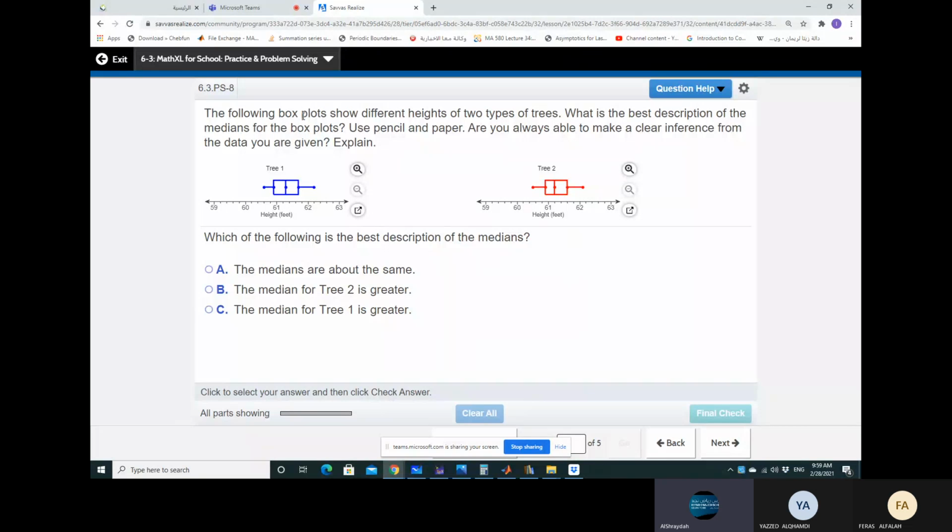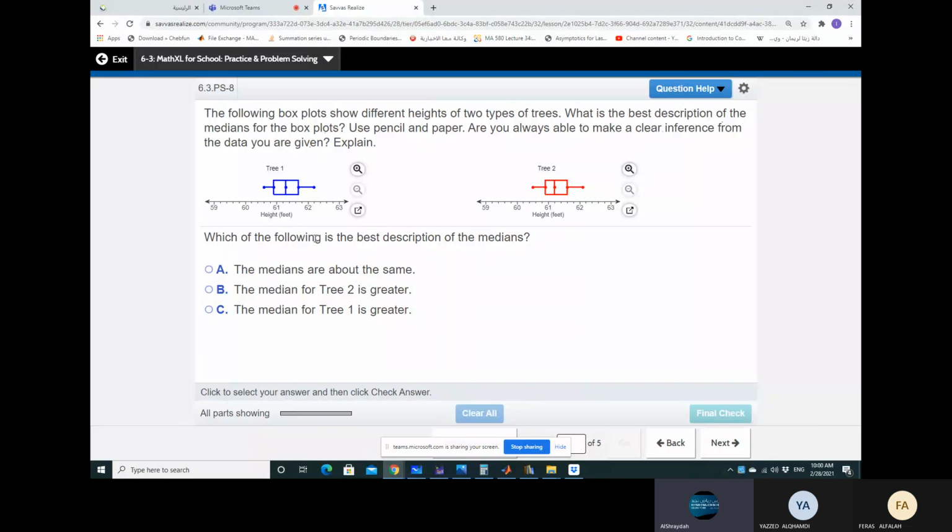Here, the following box plots show different heights of two types of trees. What is the best description of the medians for the box plots? Are you always able to make a clear inference from the data you are given?